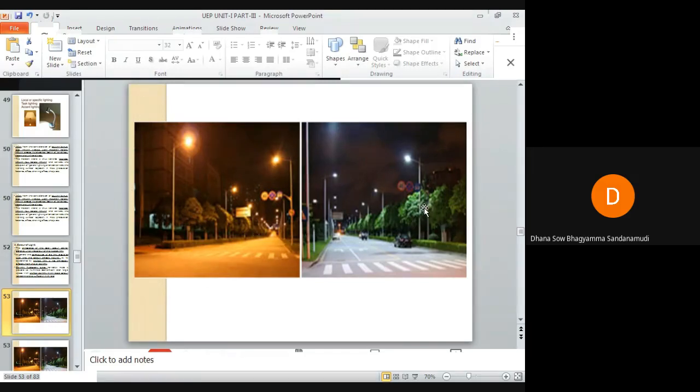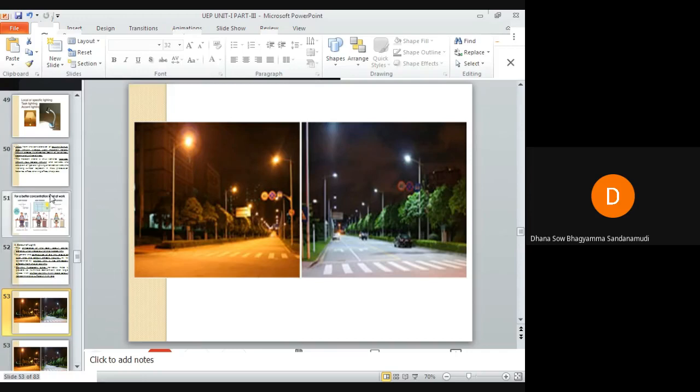Whereas the color of the lamp is white in the other image, and because of this white color, you can even identify the color of these trees. So the color of the objects on which the light is falling varies depending on the color of the light.